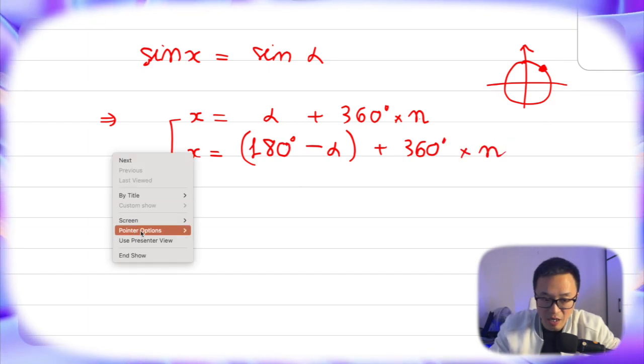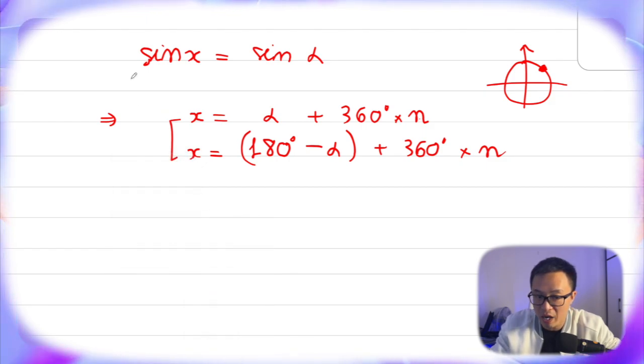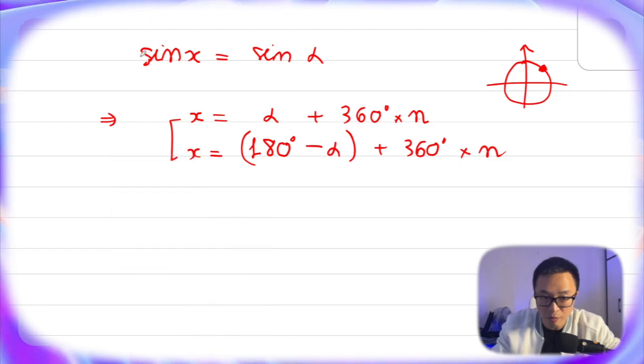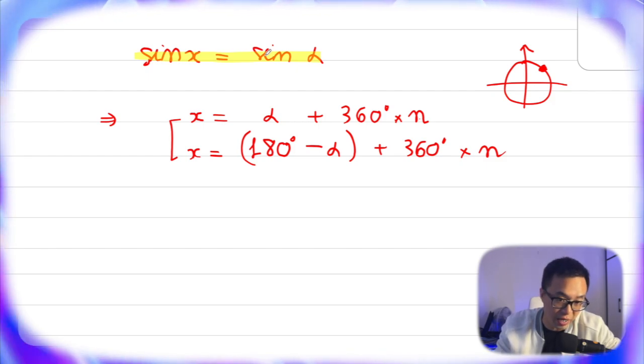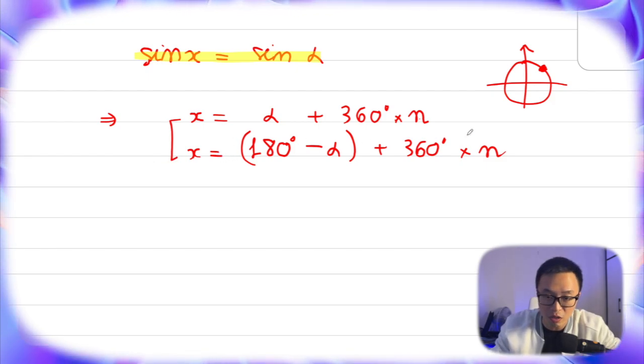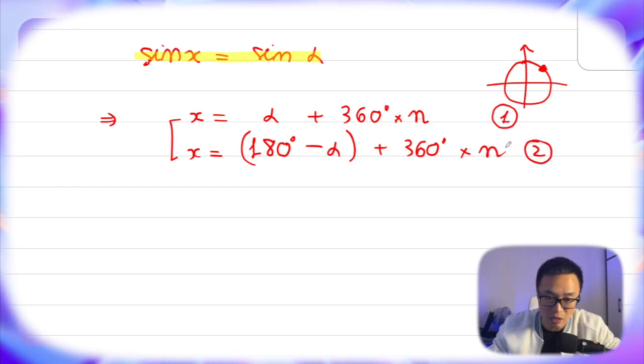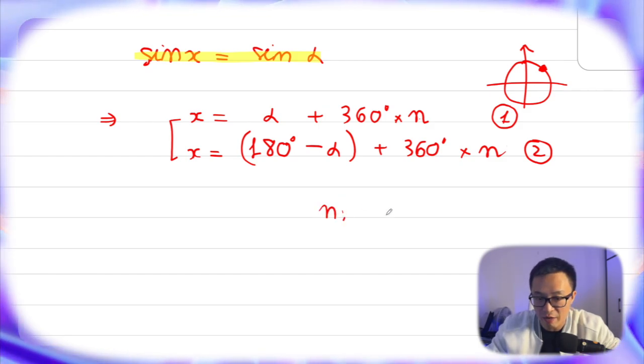So you can see that in the second equation we have no sine anymore. In the first one, you have sine on the left-hand side and sine on the right-hand side. But for the formulas here, the first equation and the second equation, you don't need to write sine anymore. x and alpha represent angles, but n here represents an integer.